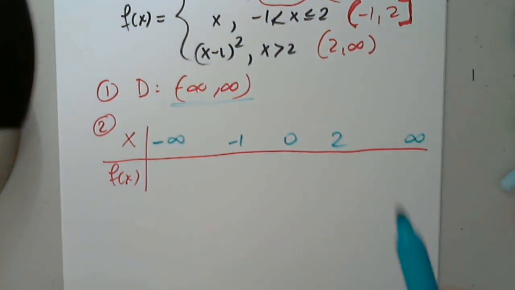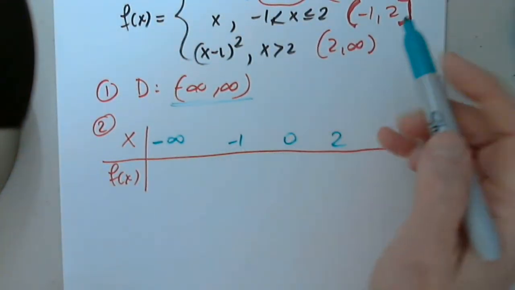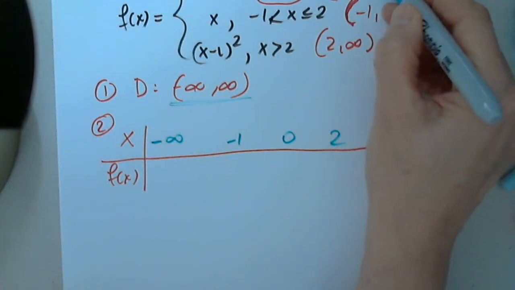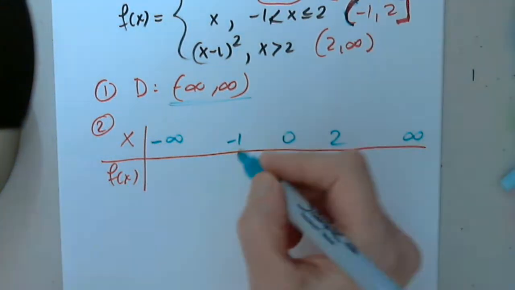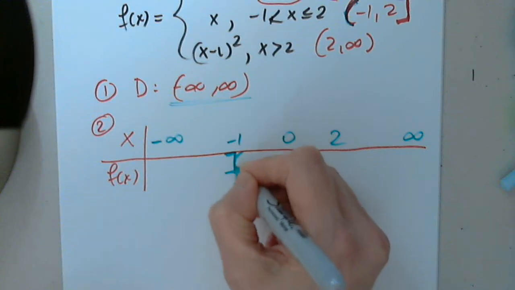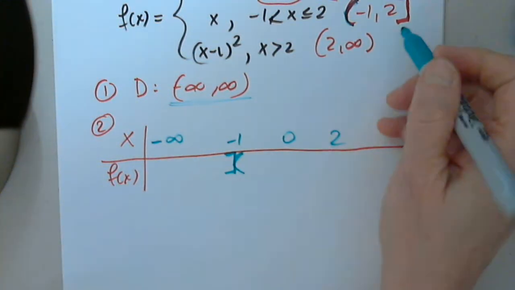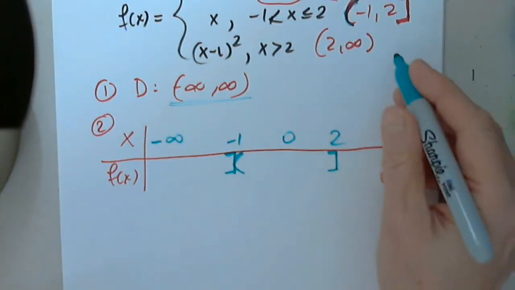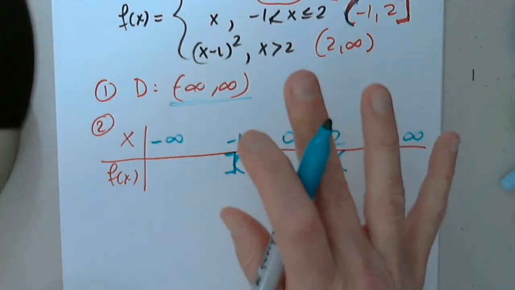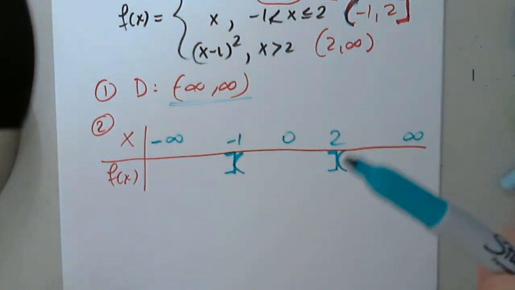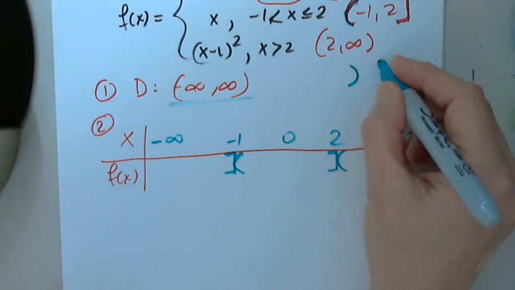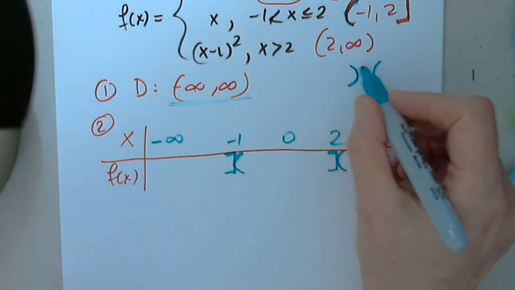Under -1, I have to have this symbol and this symbol. Under 2, I have the bracket and the parenthesis. Notice that if the point does not exist, I will have 2 parentheses and nothing in between.